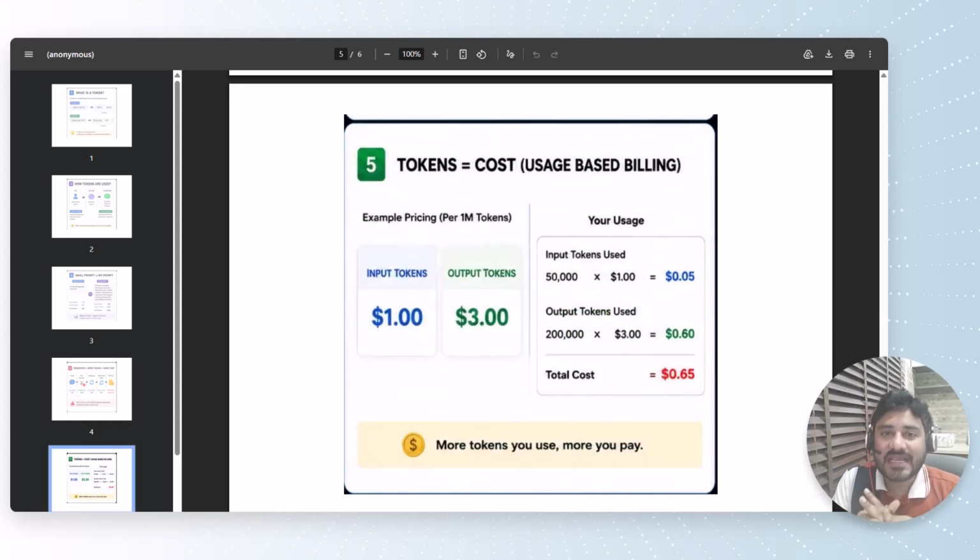This is exactly why prompt engineering is becoming important. Good prompting is not only about getting smarter AI responses, it's also about reducing unnecessary output, optimizing token usage, improving productivity, generating cleaner responses, and controlling AI cost.